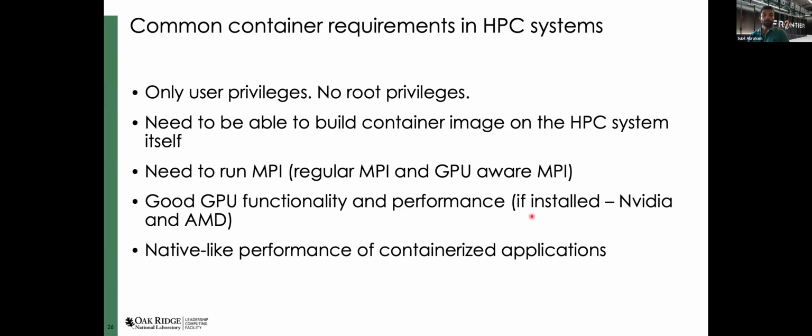In a similar way, the application within the container should also be able to use the GPU or any other hardware that might be specific to your HPC system. If that hardware is blocked and not visible in the container, it's kind of useless, because the application is not able to use your HPC system to its fullest capability.